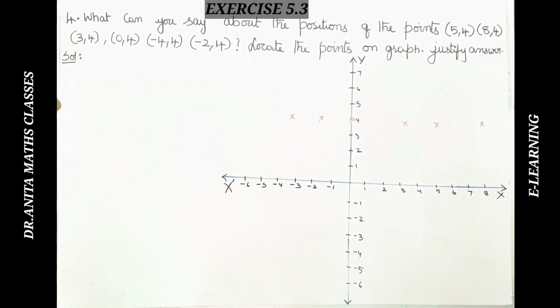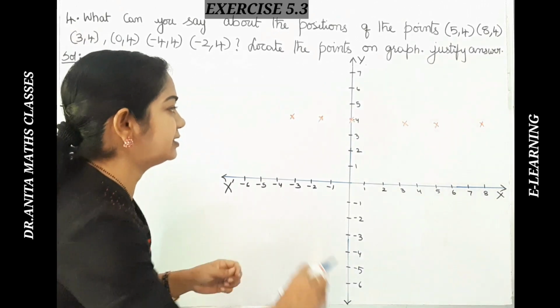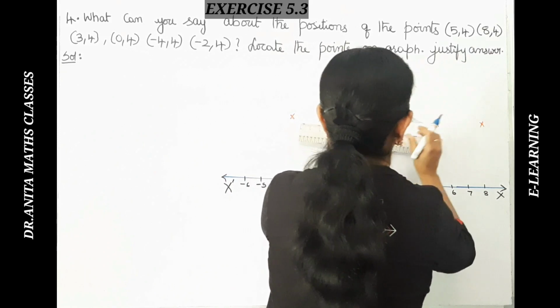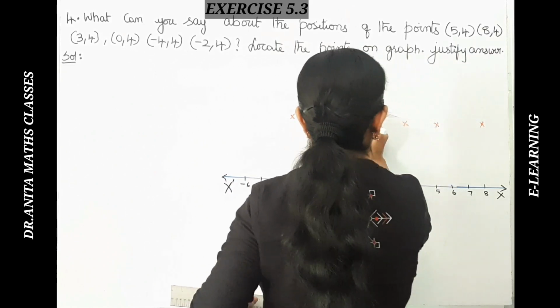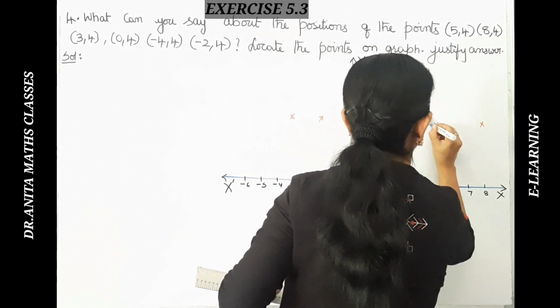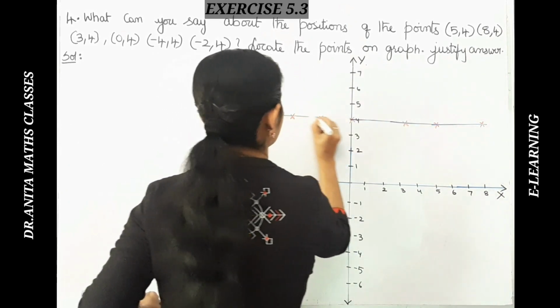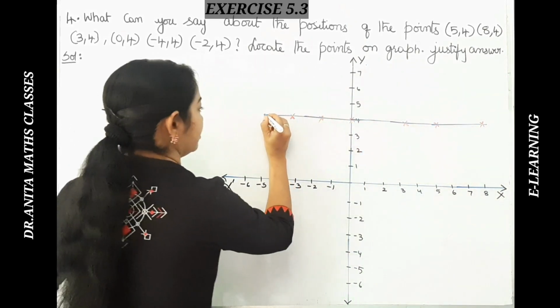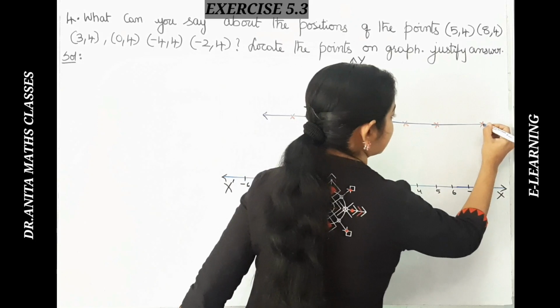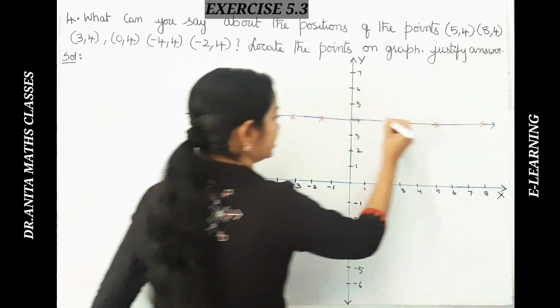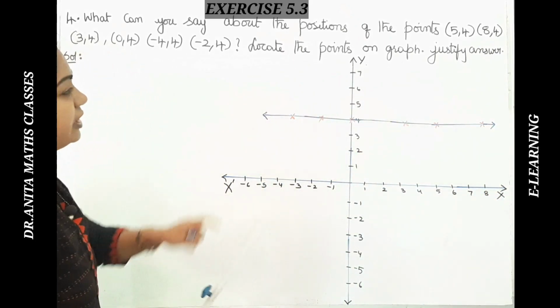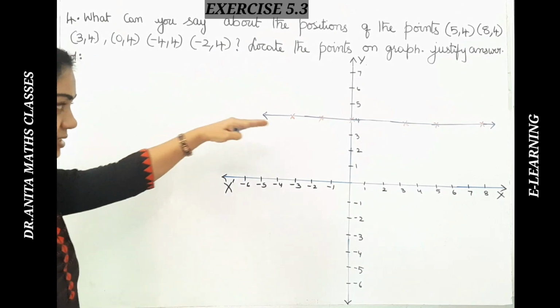Now if you join them, you see that all these points form a straight line here. Let me join them. This is not a graph sheet, this is a whiteboard, but on the graph sheet you get an exact straight line, right? So we have to justify our answer. What is the straight line?